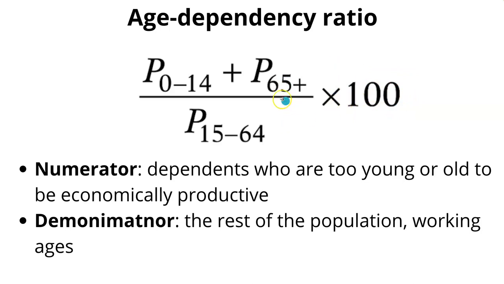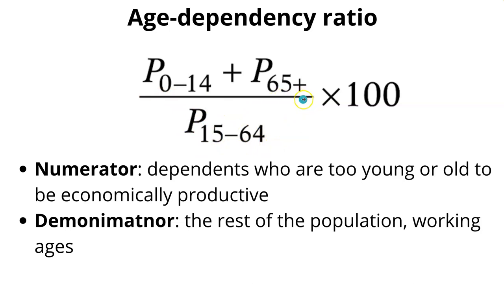So the numerator will be the younger generation under 14 years old, combined with those 65 years old or older, divided by those 15 through 64, which means they are economically in the labor market, a very active group of people.